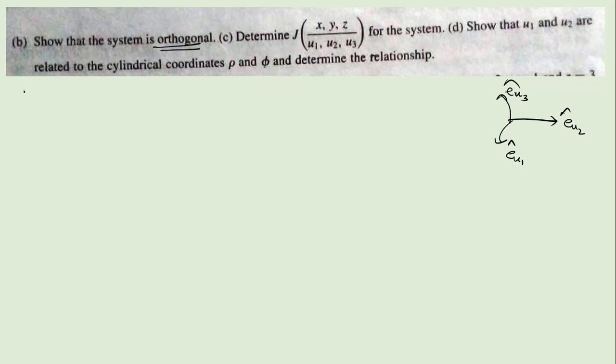So for that we can write the position vector, this is for B. The position vector r is nothing but i cap x plus j cap y plus k cap z, right? So we put the values of x, y and z within this equation.